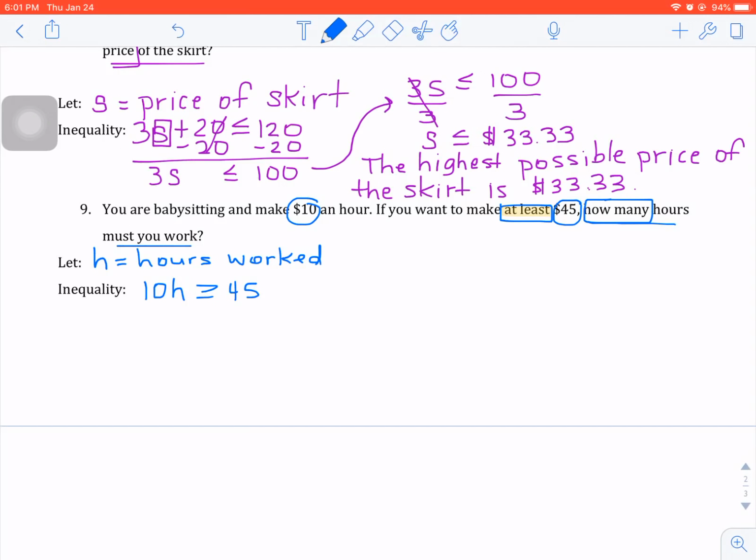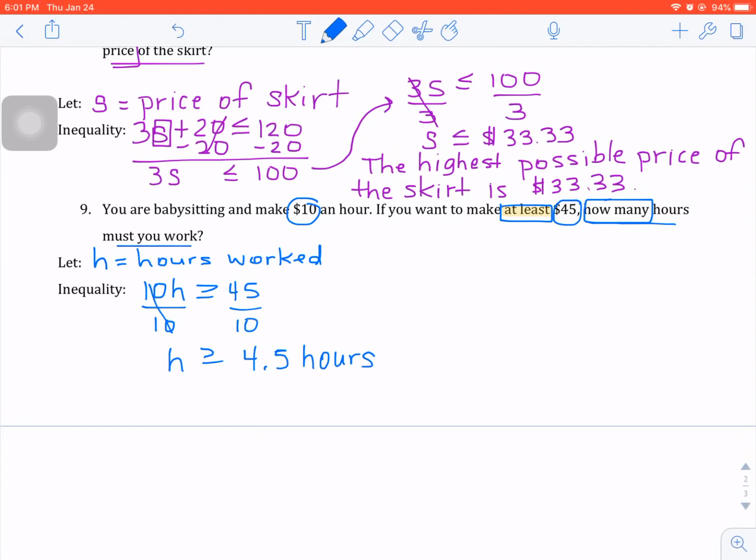Now we've got a simple one-step inequality. 10 is being multiplied times H. We're going to take the opposite operation so that we can isolate H, and we are going to divide both sides by 10. My 10s cancel out, and I'm left with H is greater than or equal to 4.5. And I always want to label my answer, so 4.5 hours.